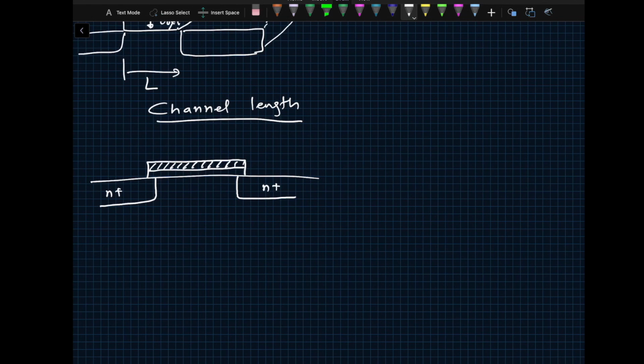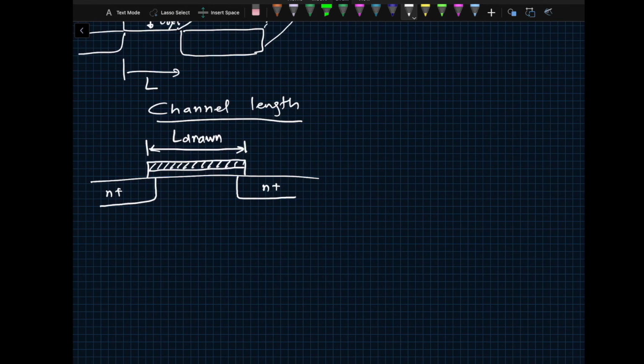What we said is, this part is our drawn channel length, L drawn. What does L drawn mean? Let's say I choose the channel length when I'm drawing the transistor in Cadence or any other software. When you're going through the design process, let's say you choose it to be 1 micron, 2 microns, and things like that. So that would be what you would control when you're drawing the rectangle.